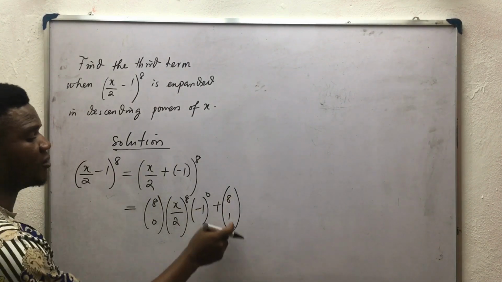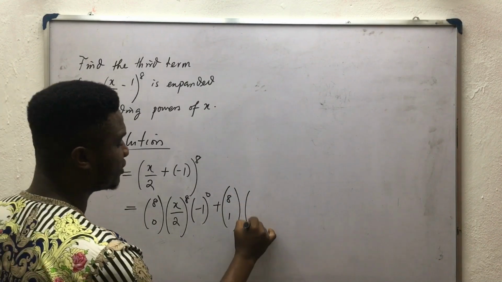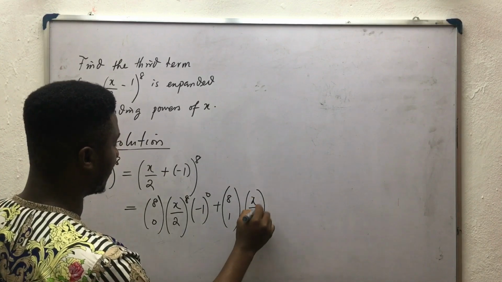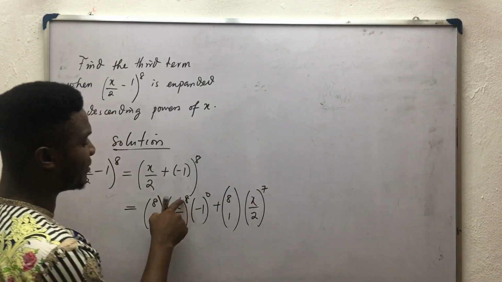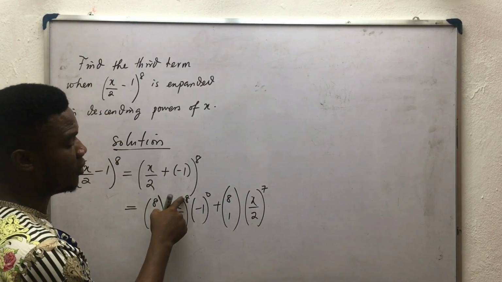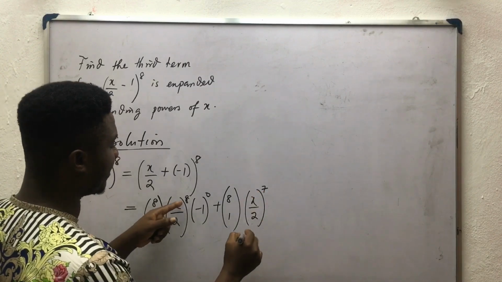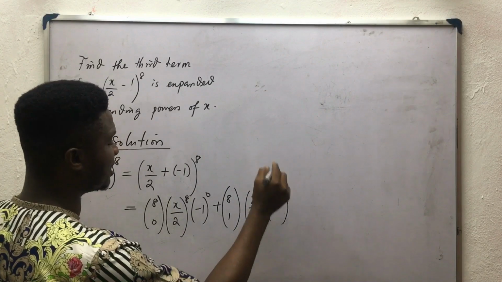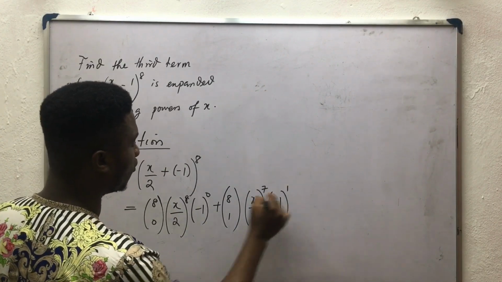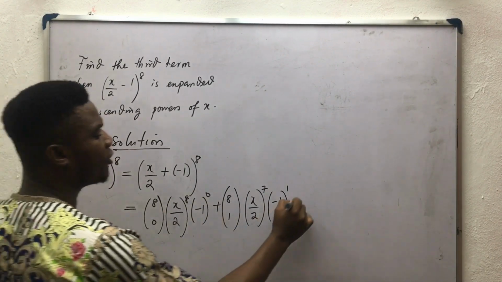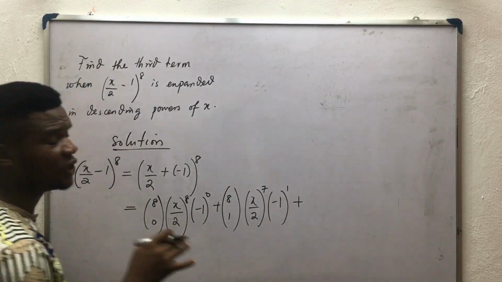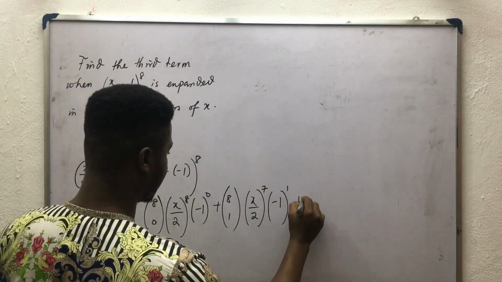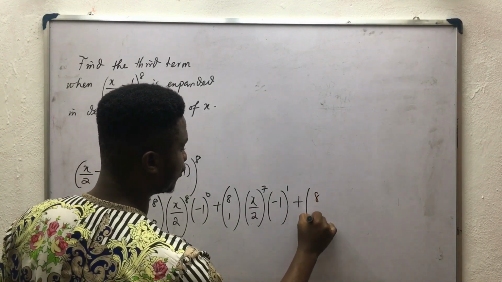So this is 8 combination 1, and the next will be x/2 all raised to the power of 7. This time around 8 drops by 1, and because 8 drops by 1, the second term minus 1 increases by 1, so this will become 1 from 0. And the third term, which is where we are going to stop in the expansion, gives 8 combination 2.